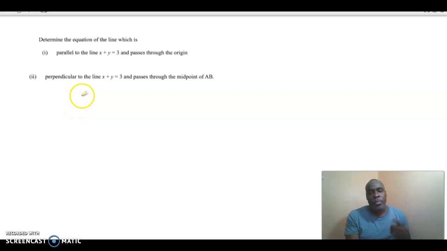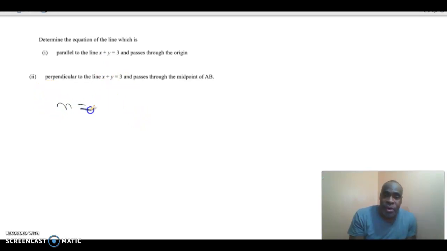So perpendicular means, if the first gradient was -1, then what multiplied by -1 will give us -1 must be +1. So right there we know the gradient for the perpendicular line, which is +1.